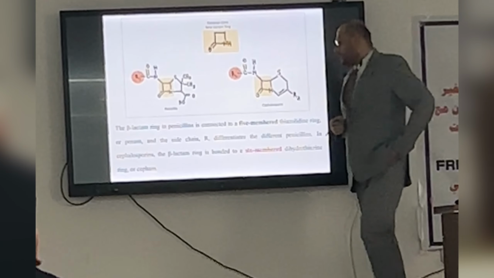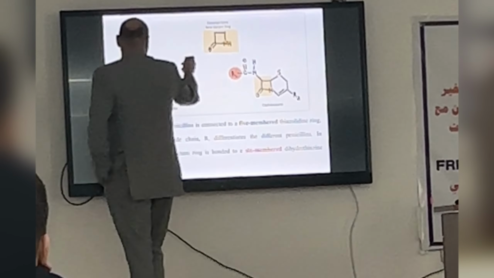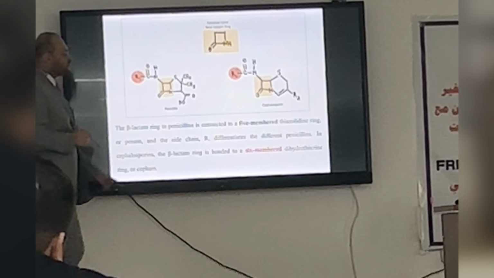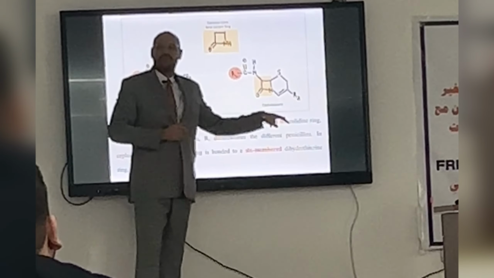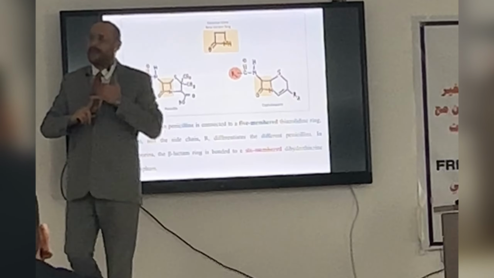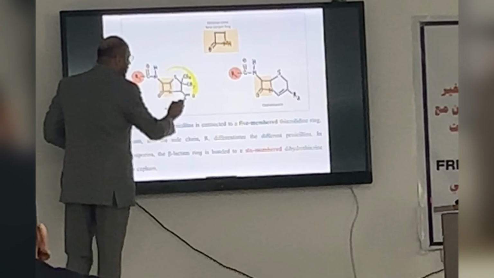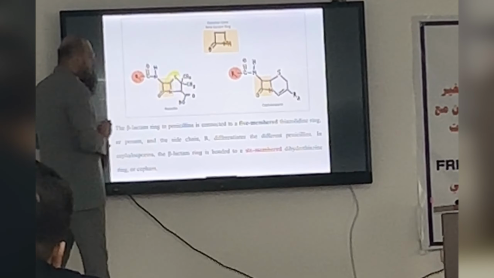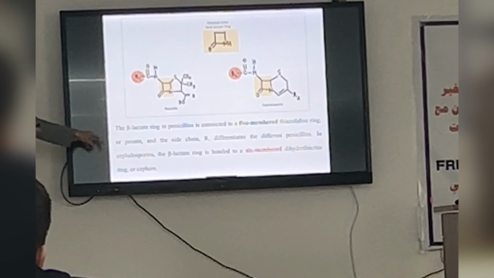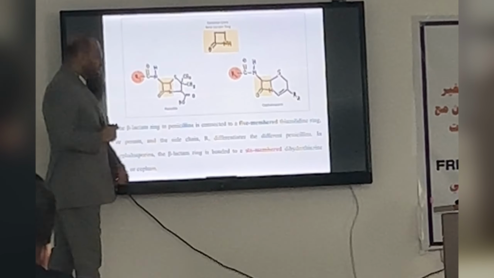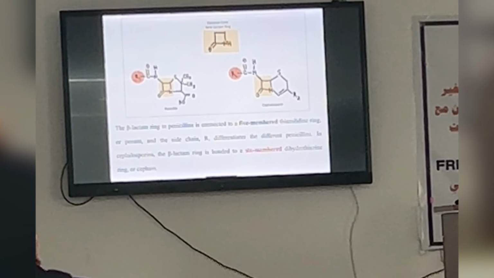Okay? So the beta-lactam ring, as we say here, in penicillin is connected to a 5-member thiazolidine ring. You remember this word, thiazolidine ring. We say we have beta-lactam and we have the thiazolidine ring, which was this ring, and we say it is very, very important for stability of the compound, or penam. Penam, coming from pentam, is a 5-member ring, and the side chain R or R1 differentiates penicillin from cephalosporin.